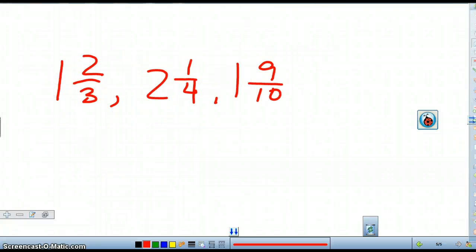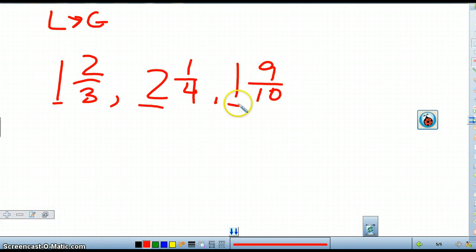Same thing, this time we have mixed numbers. The directions wanted an order from least to greatest. First of all, you should be able to pick out right away which one's our greatest, Lawson. 2 and 1/4. How did you know that? The whole number.